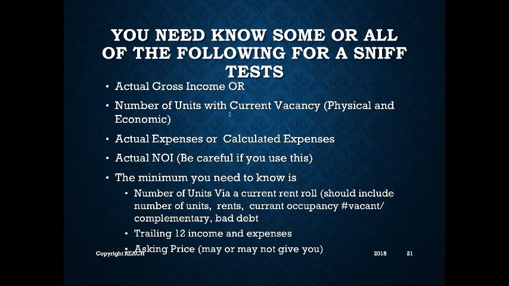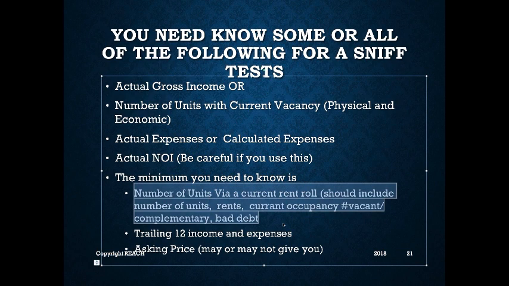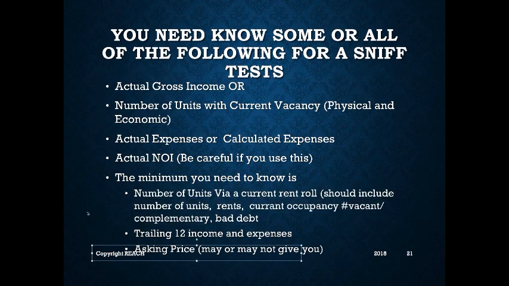And you're going to make your offer based on those kind of expenses, or you're going to at least not make an offer. You're going to do your initial sniff test using those expenses. But you at least need the current rent roll, and you need the asking price.